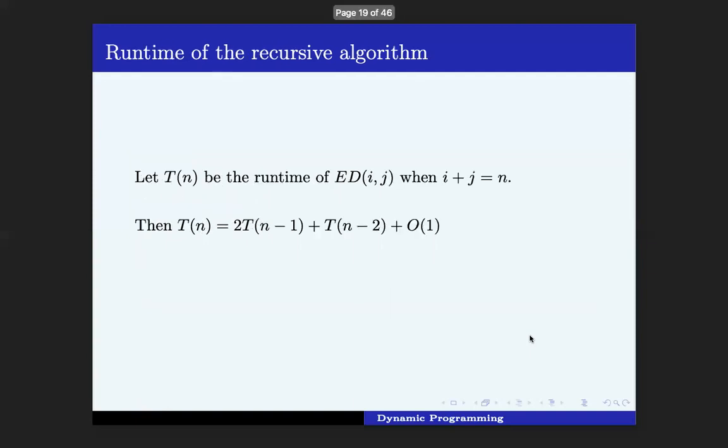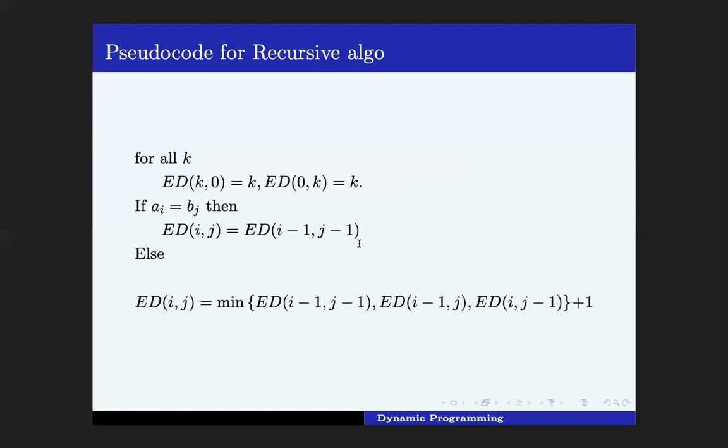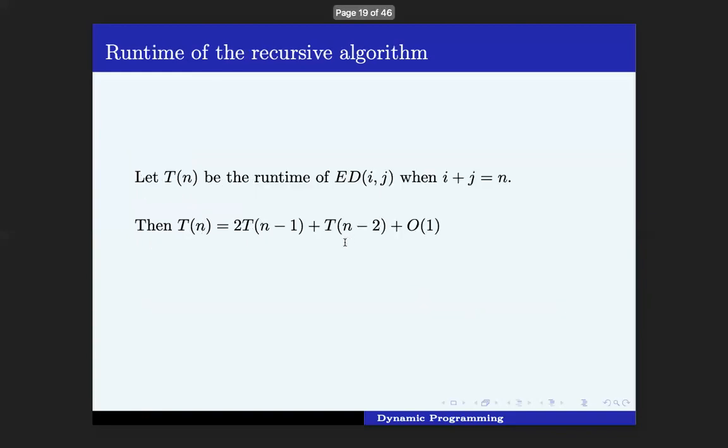Now, again, you can see that if you just do this recursive thing, it would actually become an exponential time algorithm. Because i plus j can go down by 2, or it can go down by 1, and the worst case is i minus 1, j, and so this will become something like T of n equals 2 T of n minus 1 plus T of n minus 2.